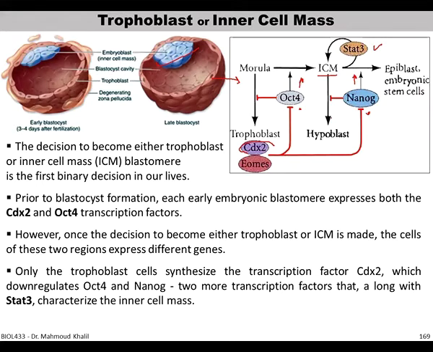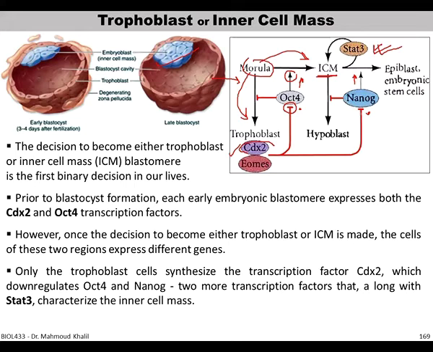So from the diagrammatic sketch, you can see that the morula has two fates. Either the blastomeres of the morula will form the ICM or form the trophoblast. If it's forming the trophoblast, then it will have CDX2 that inhibits OCT4, which promotes the differentiation into ICM, while ICM is characterized by the expression of STAT3, that's very unique for the ICM.